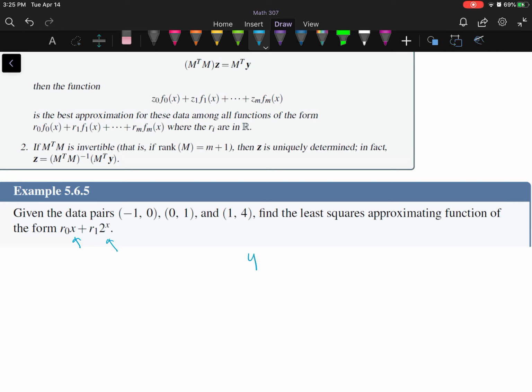Again, we would be operating off of this kind of an equation.